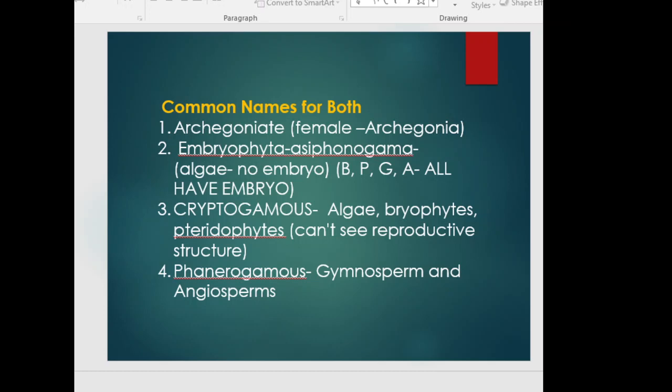In bryophyta, pteridophyta, gymnosperm and angiosperm, all have an embryo. The algae, bryophytes and pteridophytes, we can't see the reproductive structures, so they come in the category of cryptogamous. Phanerogams are the gymnosperms and the angiosperms, where the reproductive structures are visible.